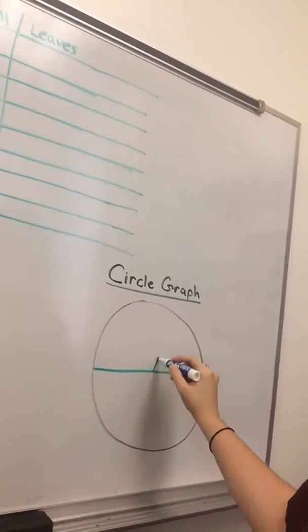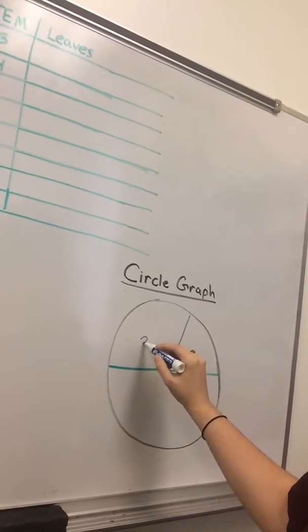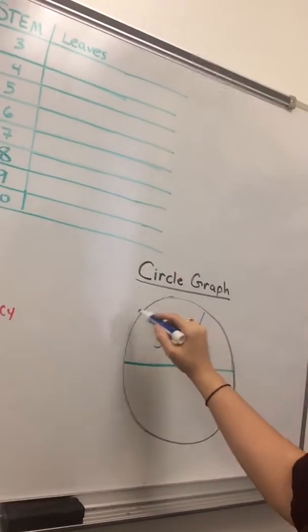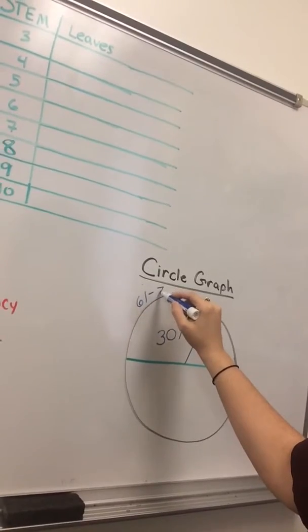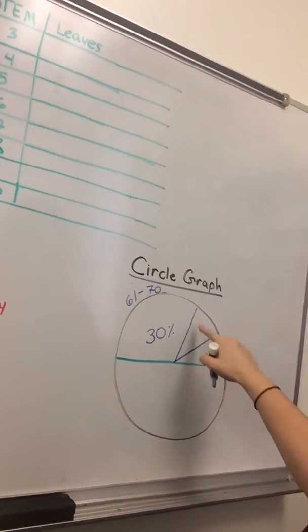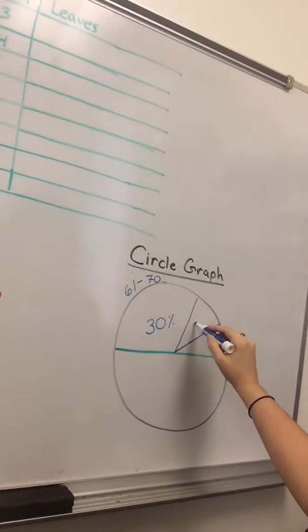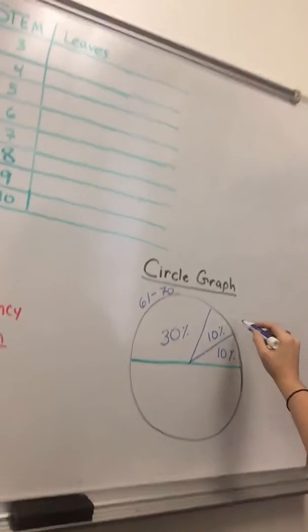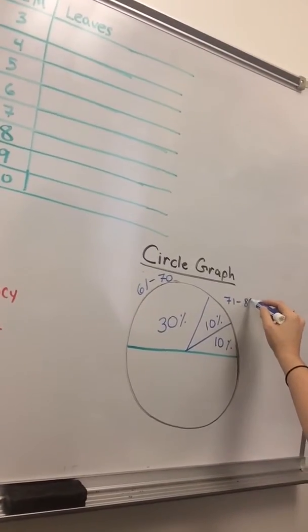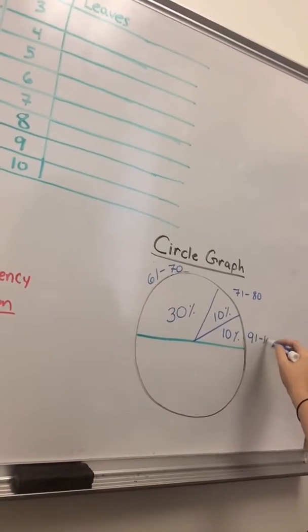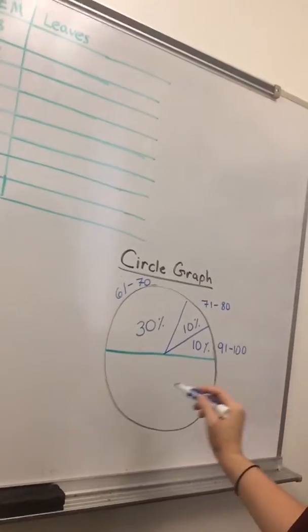Or I could cut it a little bit bigger and say this looks approximately like 30%, which would be represented by our modal class 61 to 70. Cutting that in half again, since there was 20% left here, would be 10% and 10%, which would be represented by our classes 71 to 80 and 91 to 100. This is just one way to divide this up.